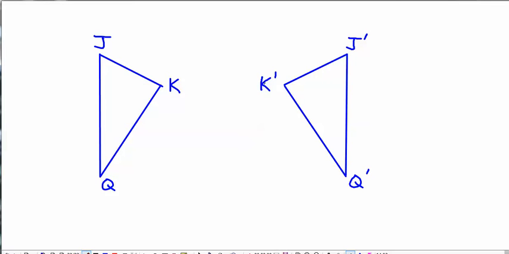Okay? And obviously K prime corresponds with the K, and J prime with the J, Q prime with the Q. Clear?